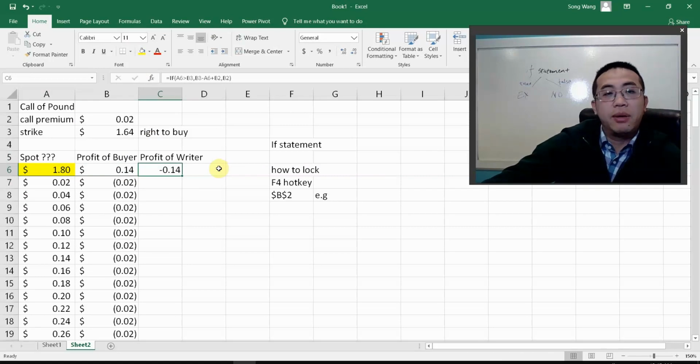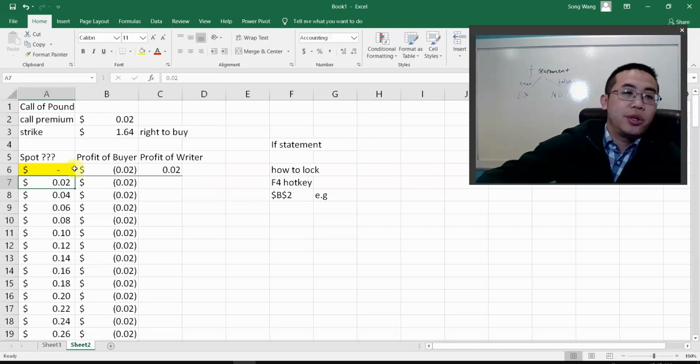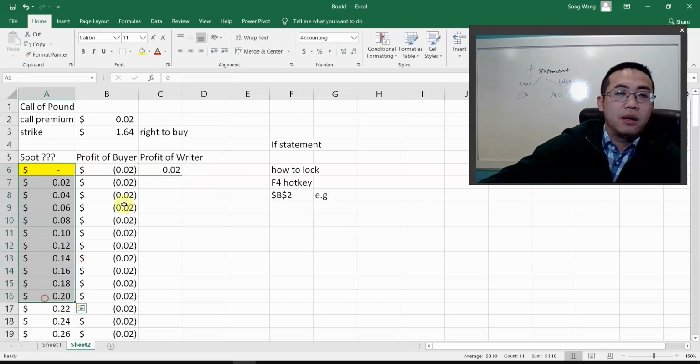It's a zero-sum game, and if there's a winner, then there definitely will be a loser. So when the buyer makes 14 cents per pound, then the writer would lose 14 cents per pound. And there's no upper limit for the profit of the buyer, which means there's no lower limit on the loss for the option writer.